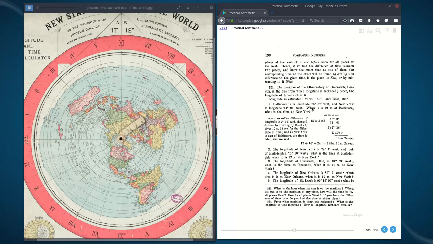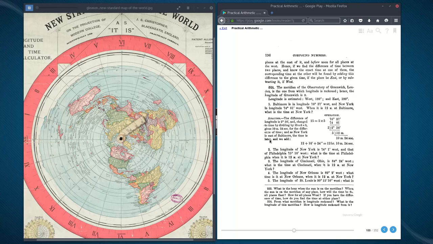Baltimore is longitude 76 degrees 37 minutes west, and New York is longitude 74 degrees 1 minute west. When it is 12 midnight at Baltimore, what is the time in New York? Well, the difference of longitude is 2 degrees 36 minutes, and changed to time by dividing by 15 gives 10 minutes 24 seconds for the difference of time.